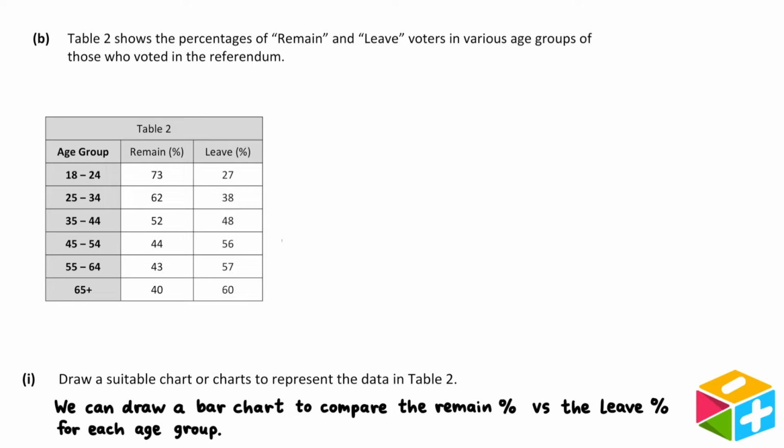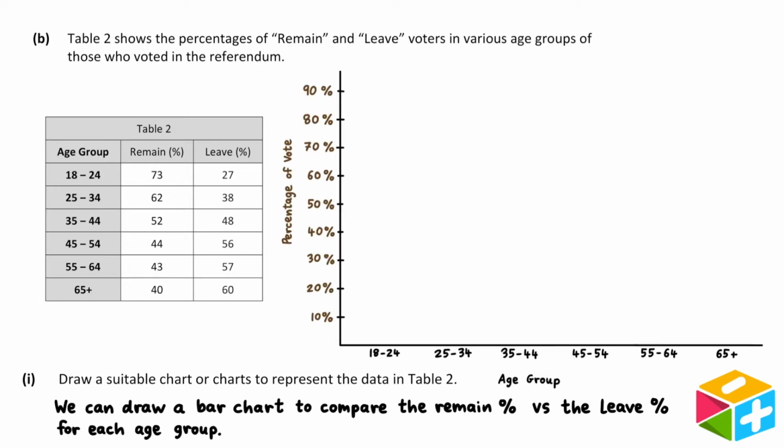For our chart, we'll want to be able to compare the remain percentage versus the leave percentage for each of these age groups. A bar chart is suitable for this purpose. In this bar chart, I'll label the horizontal axis with the age groups.